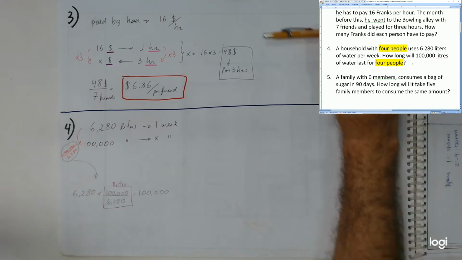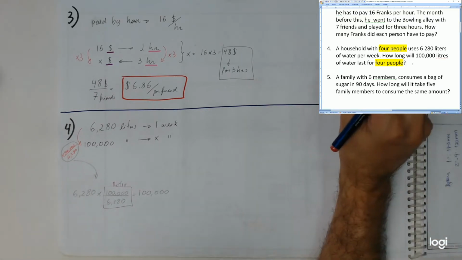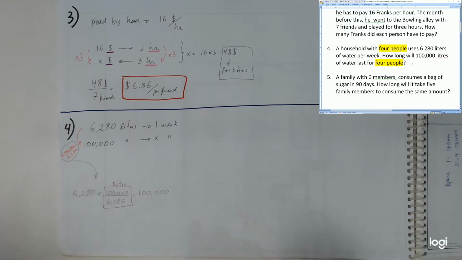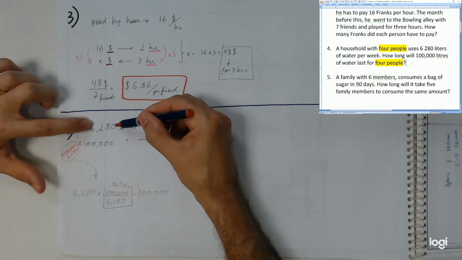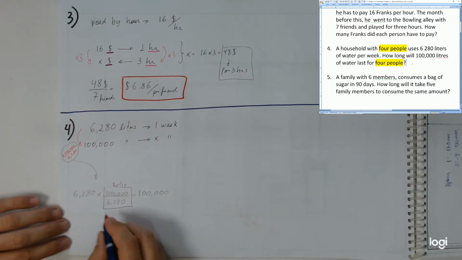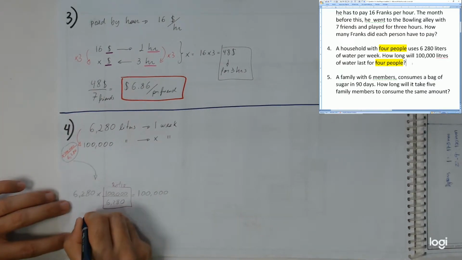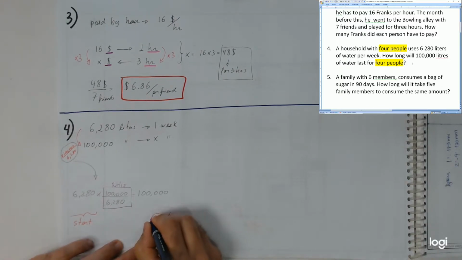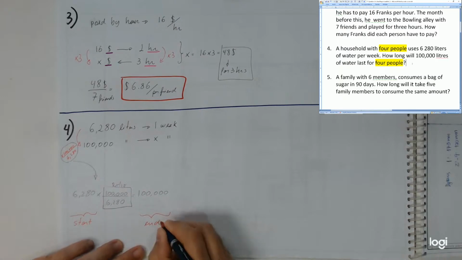You must always find the ratio, okay, Vera? And if you didn't understand this, please rewind the video and watch it back. It's very important. You have to go from this here to here. This is the start point, and this is the end point.